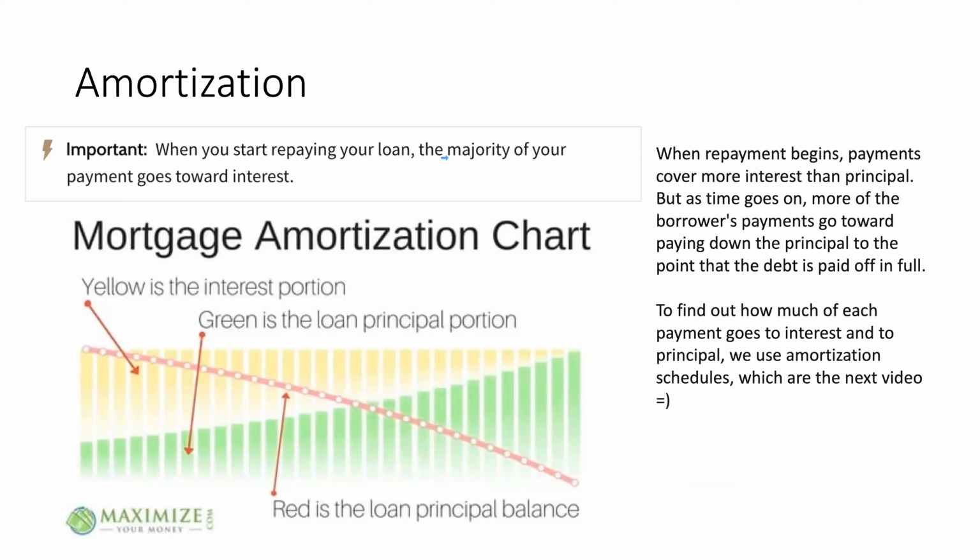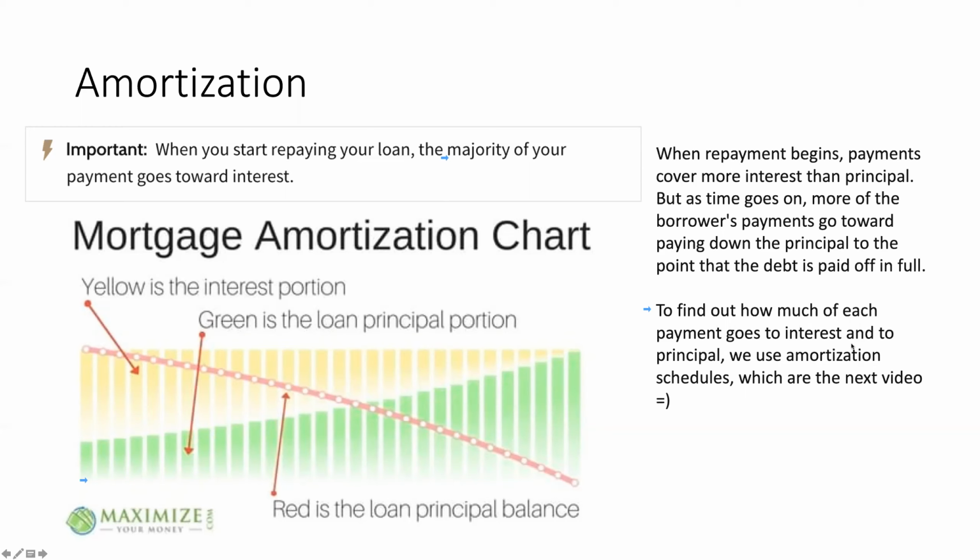And so you'll often see visuals like this one here, where at the beginning of your loan, like here's month 1, most of your money is going towards interest. Some of it's going towards principal, that's the amount in green. And as you continue, more and more of the money goes towards your principal.